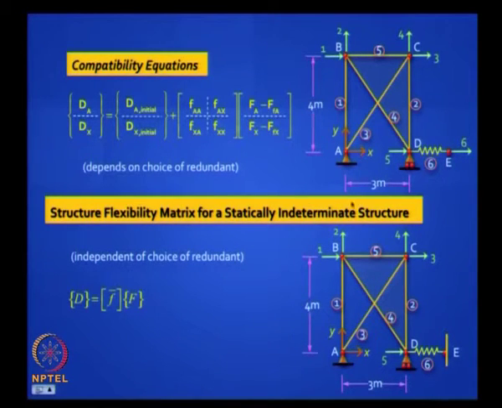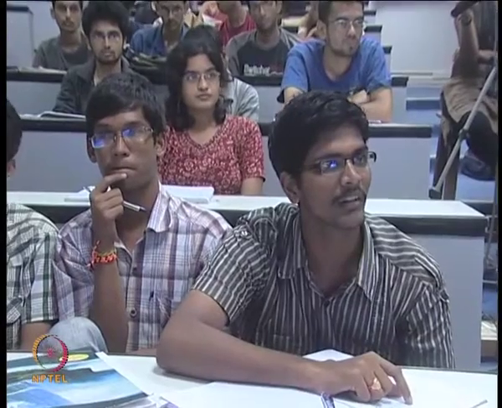There are 5 active degrees of freedom in the actual structure, and I can write down this F bar matrix. Can you tell me how to generate this F bar from this flexibility matrix? Keep F1 equal to 1 and use the compatibility condition, all those things, and get the F bar. Can you write an equation?